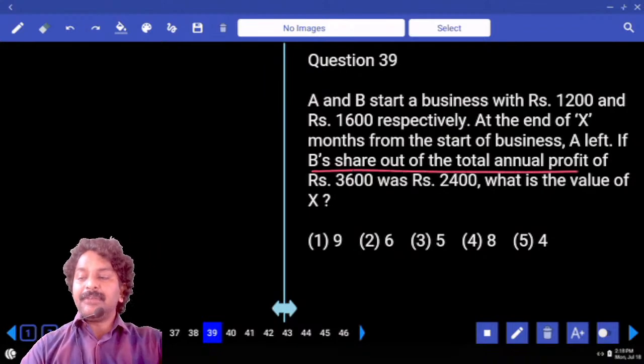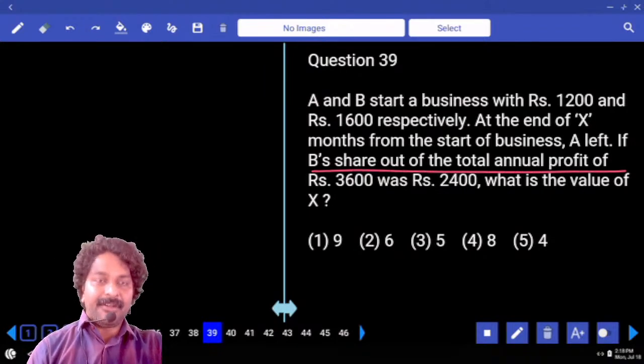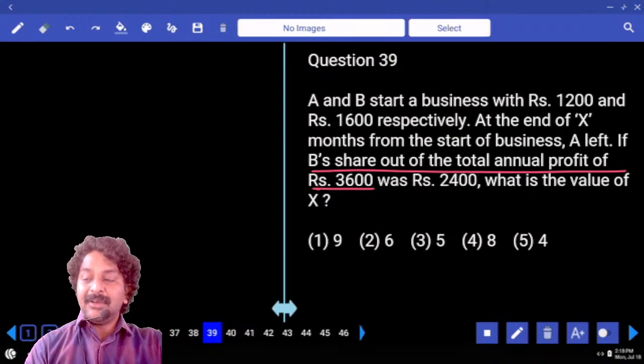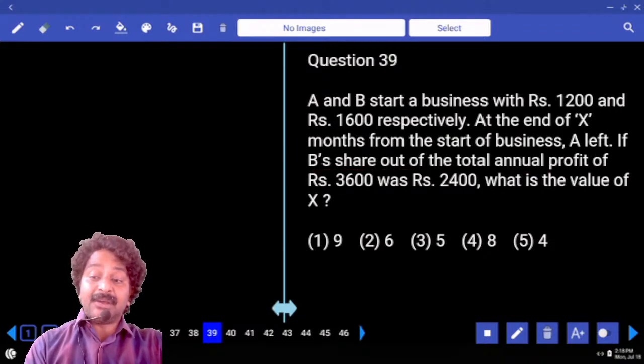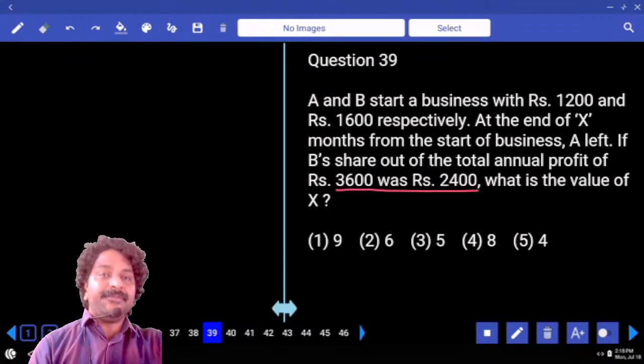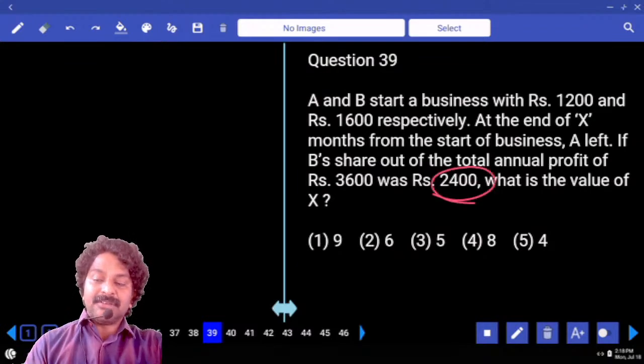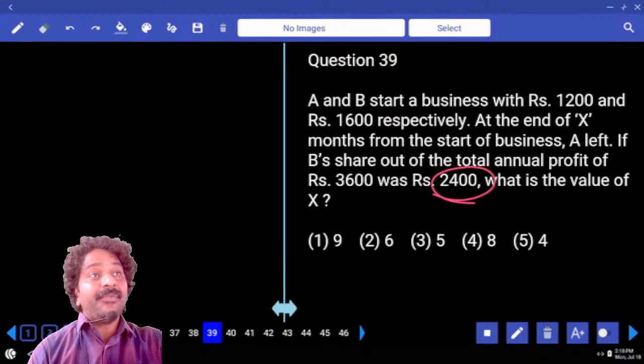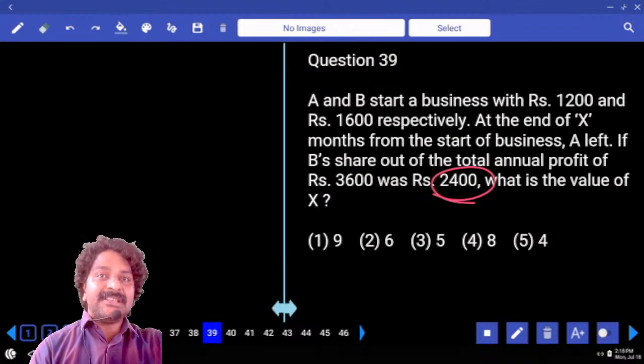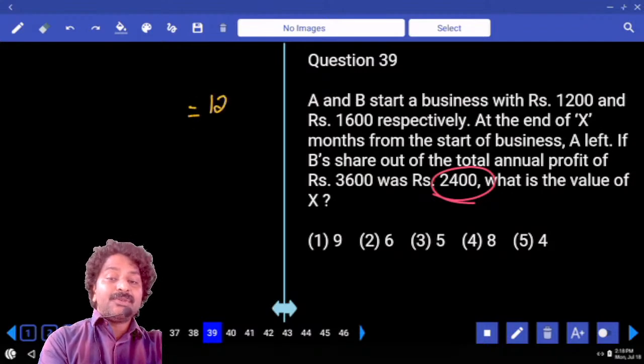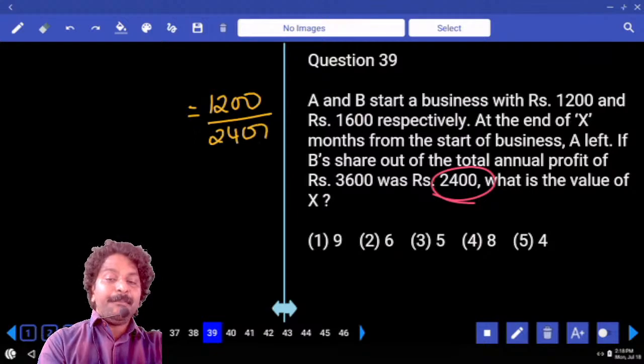B's share out of the total annual profit of 3,600 was 2,400. So who is getting 2,400? B out of 3,600. Then remaining 1,200 goes to A, so 1,200 is A's share and 2,400 is B's share.